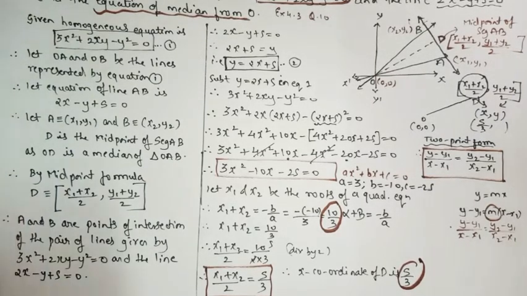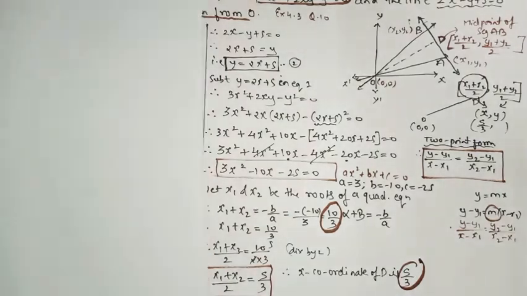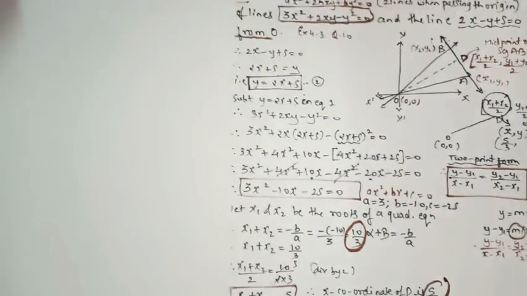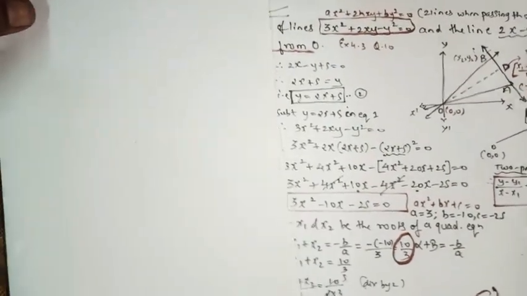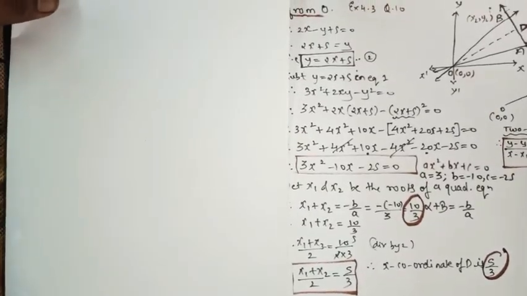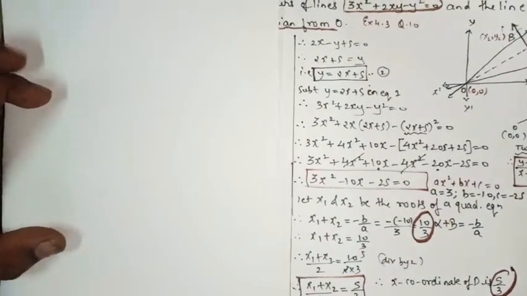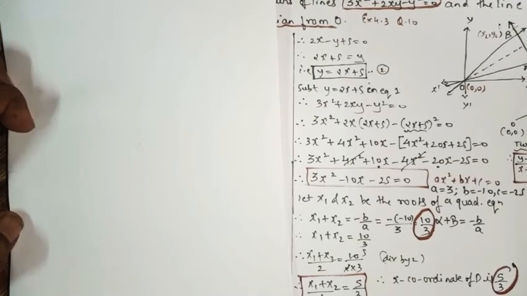I know the sum is very lengthy, but it is very important for a 3 to 4 marks sum. Okay, so now we got the value of x.